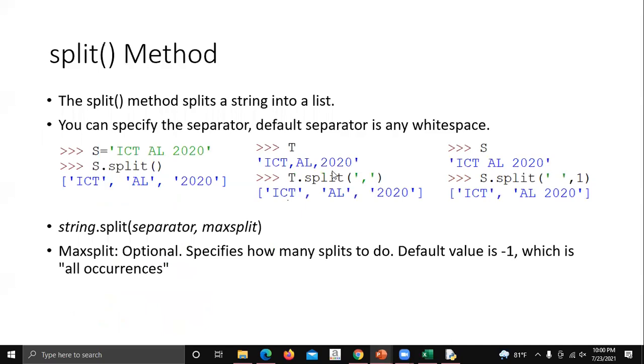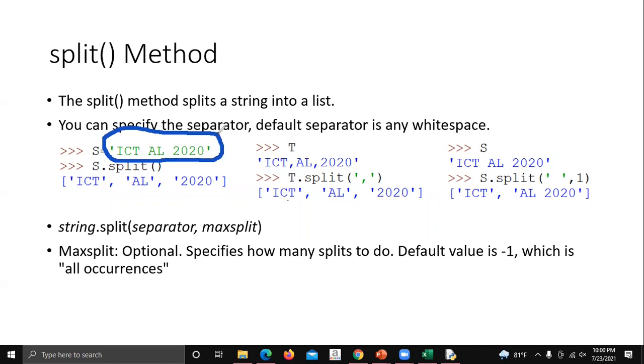Then we have another method to the string called the split method. Now the split method is used to split the given string into a list. As in this example, we have a string, and I want to separate it word by word.